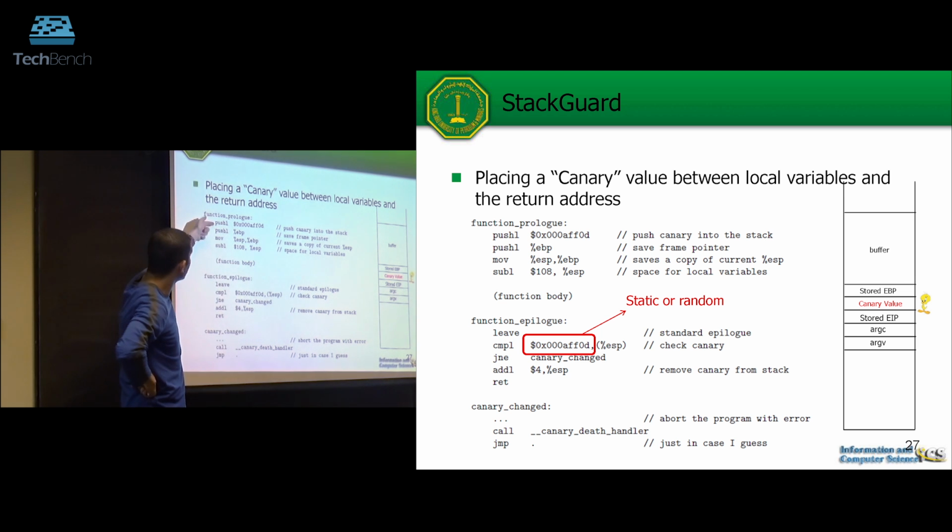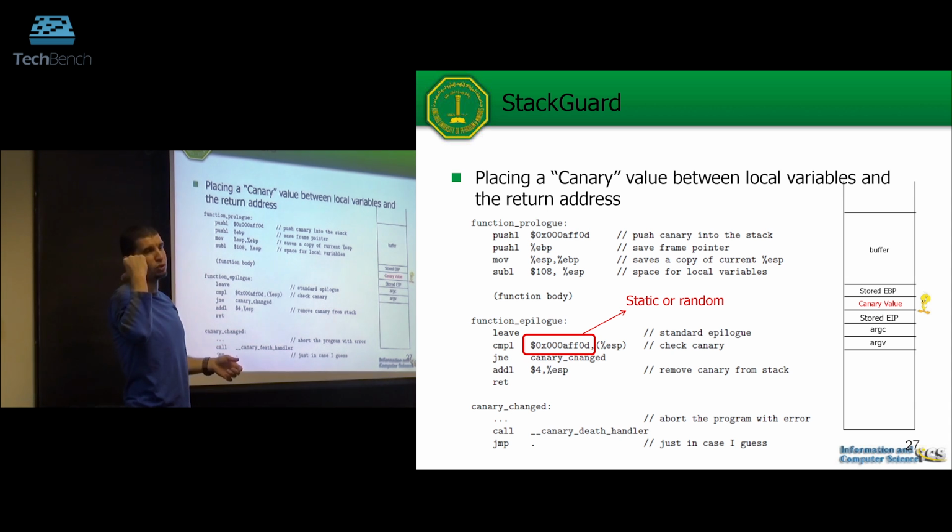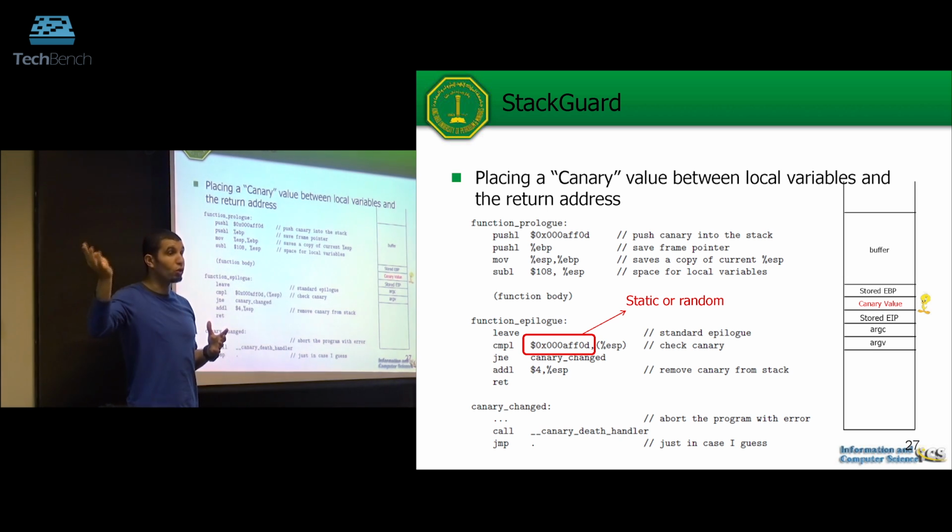Basically, in addition to pushing EBP and subtracting from ESP, you push that value. And the function epilogue is what happens when you exit from the function. You see here leave, and then a compare. You are checking, and of course that value should be stored somewhere else.